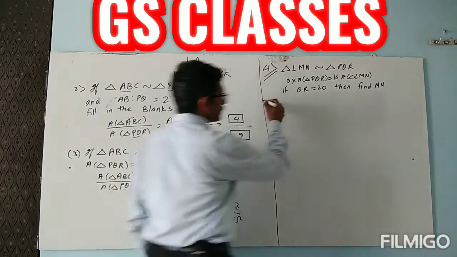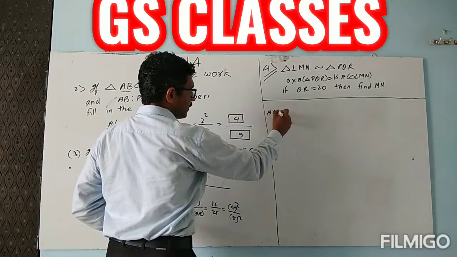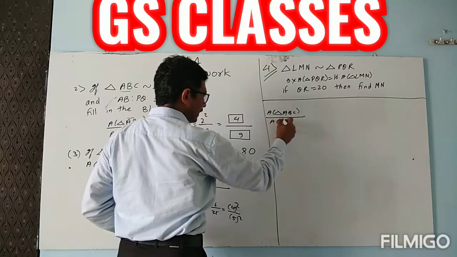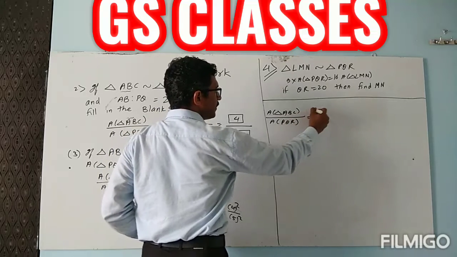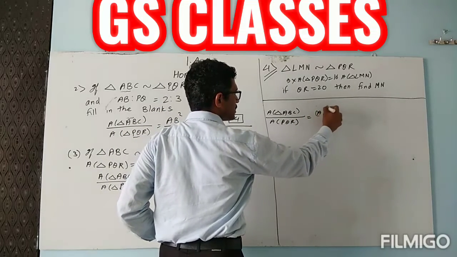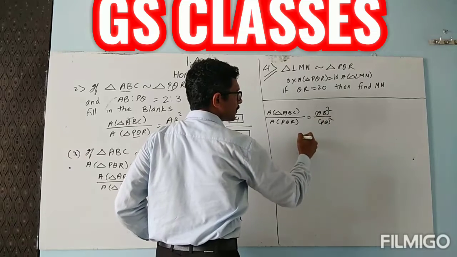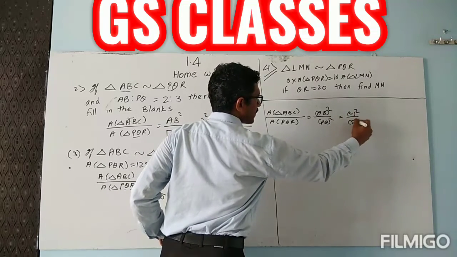Now children, you know that here I will write area of triangle ABC by area of triangle PQR is actually AB square upon what? PQ square, and the same value you are getting as 4 square upon 5 square.